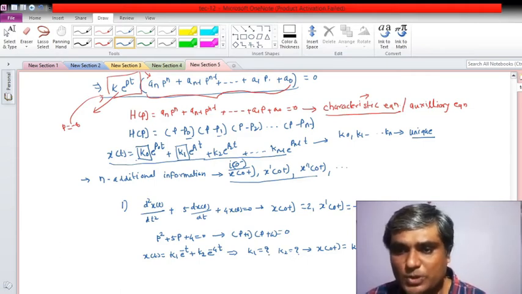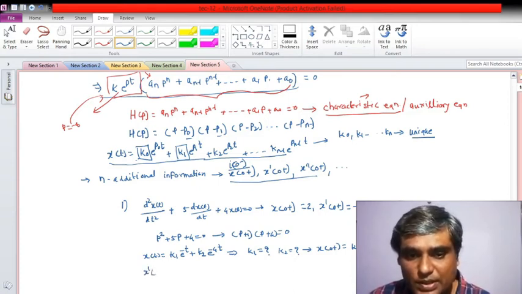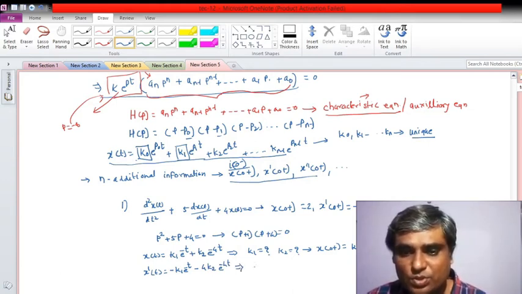Now I would like to know the other constant, so you differentiate it. x'(t) will be minus k1 e raised to minus t minus 4k2 e raised to minus 4t. So let us evaluate x'(0+).